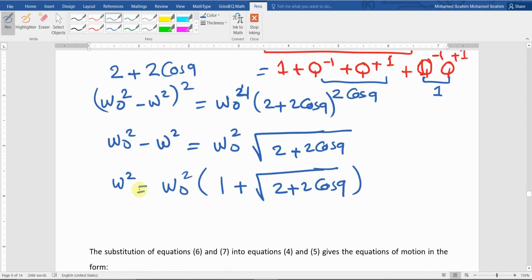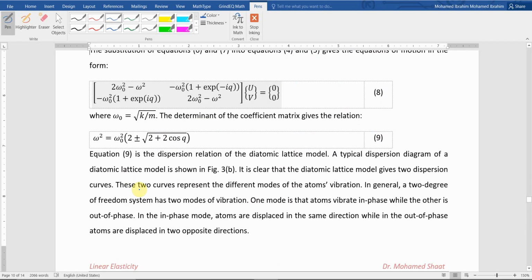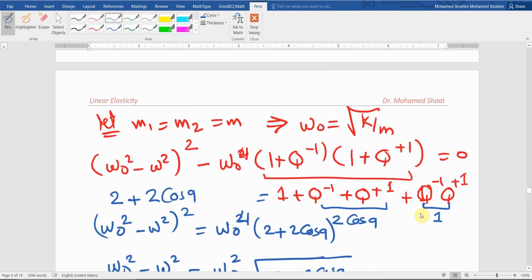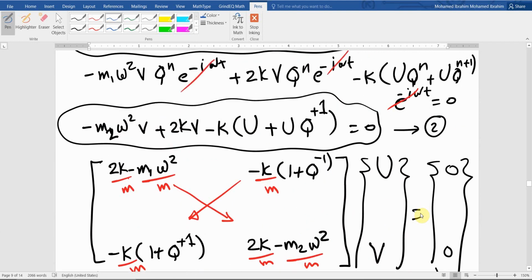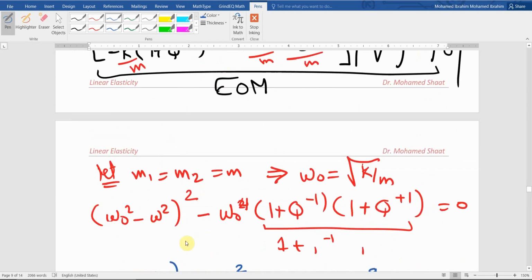Okay, there should be a 2. I forgot this 2. Here we don't have this term, it is 2k over m, and here 2k over m, so it should be 2 omega 0 square, not just omega 0.